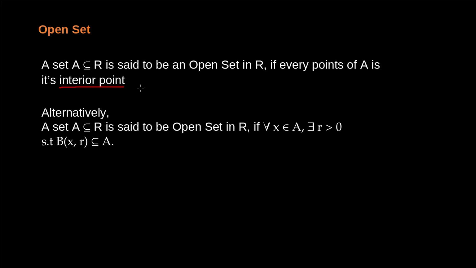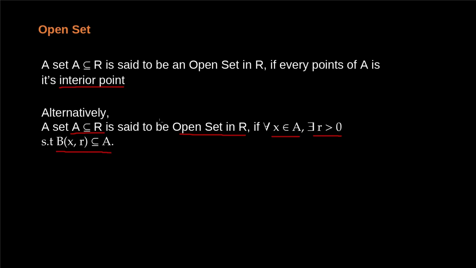A set A, which is a subset of real numbers, is said to be an open set in R if for all x belonging to A there exists r, which is a radius for an open ball, r greater than 0, such that the ball with center x and radius r lies entirely within the set.